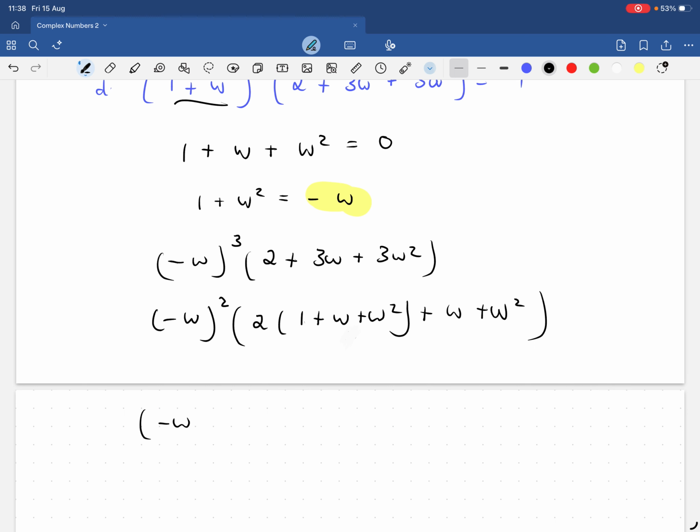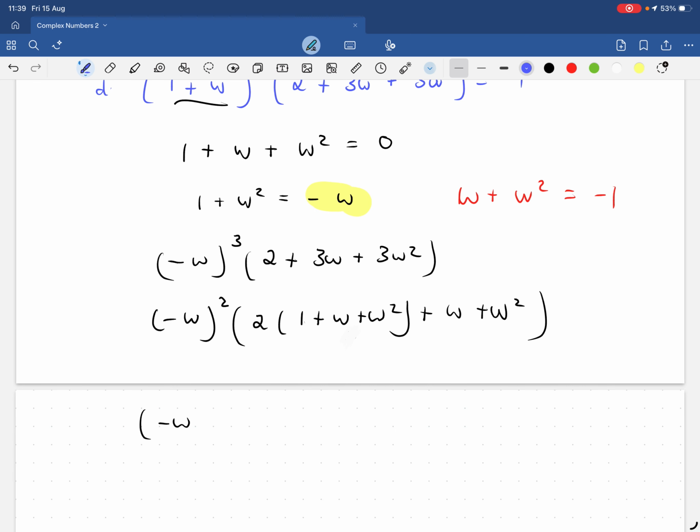Now we've discussed that 1 plus w squared is minus w, which means w plus w squared is minus 1.